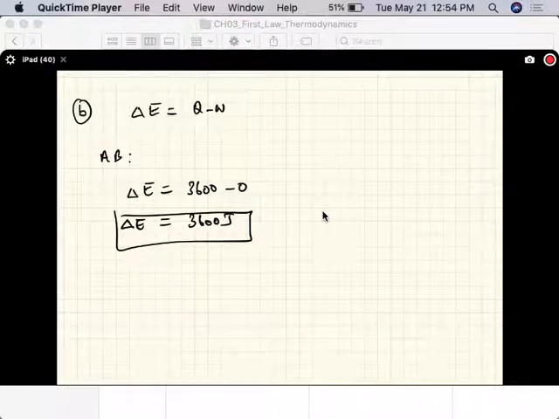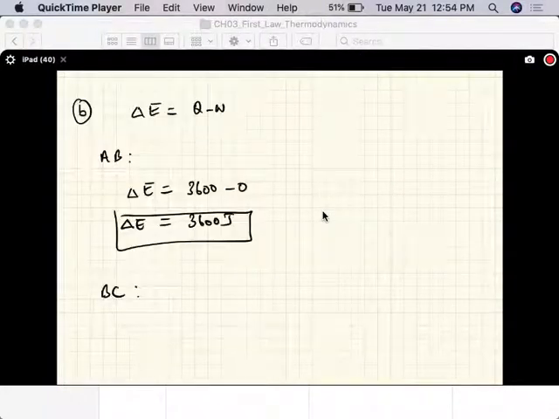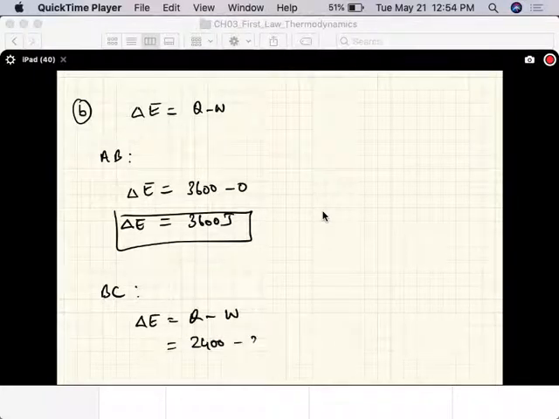For BC, the work done was 2,000 joules, so the change is 400 joules.